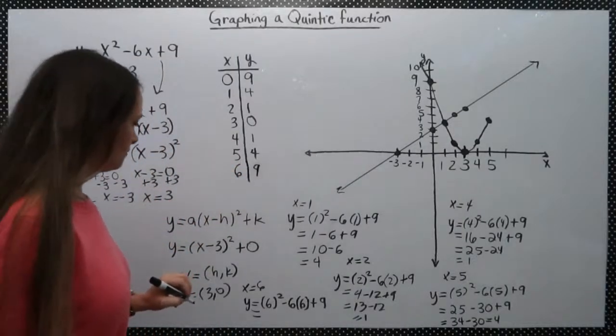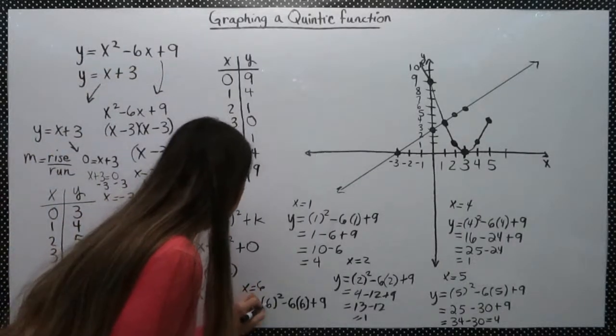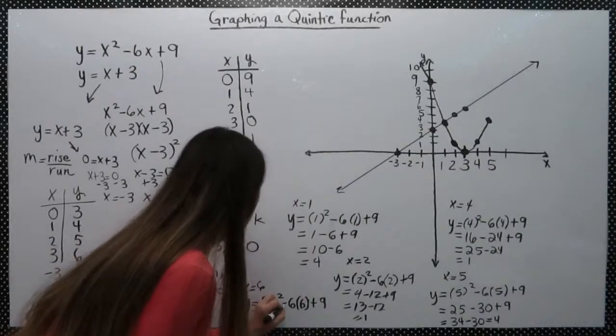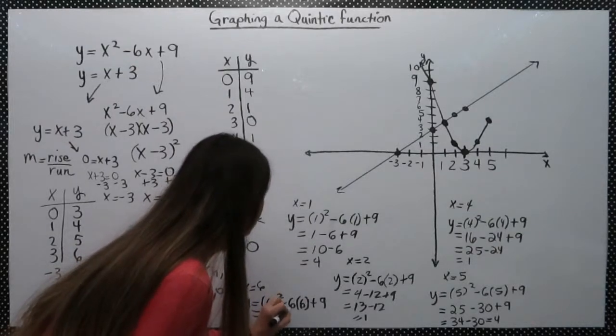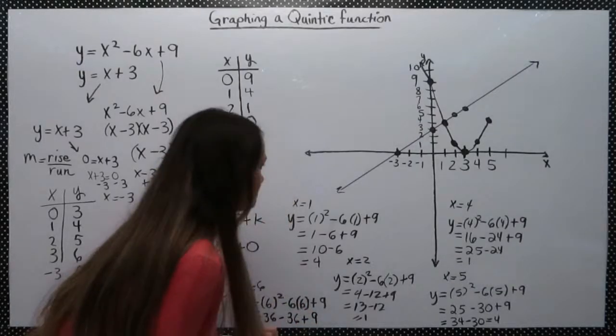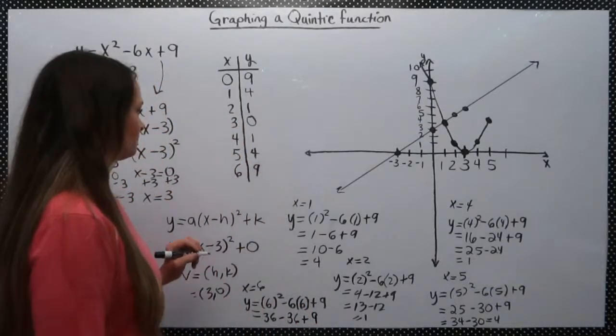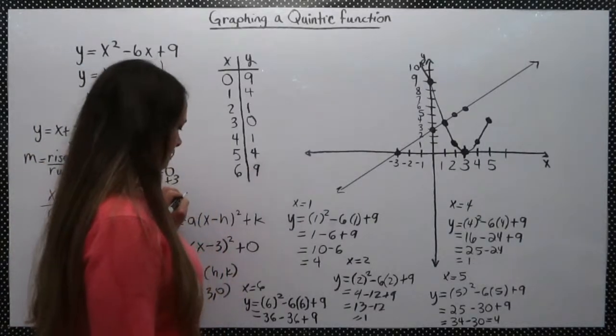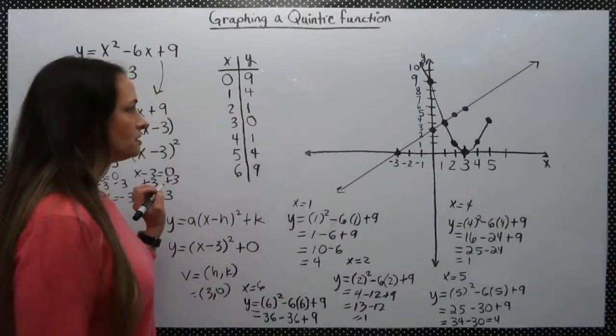We'll just see. If I'm wrong, I change it. But 6 times 6 is 36. Look, minus 36 plus 9. Good. So that is going to be plus 9, like anticipated.